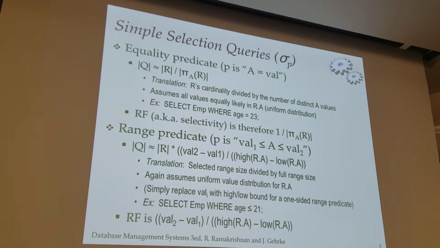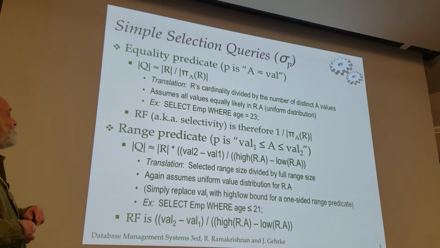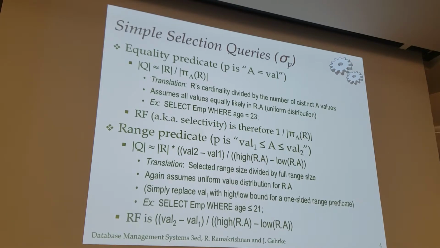That's how you do joins and so on. So again, to figure out the size of the result, you figure out the size of the relation you have, and we want to find out what the reduction factor is if we have a predicate which says A is equal to a value.